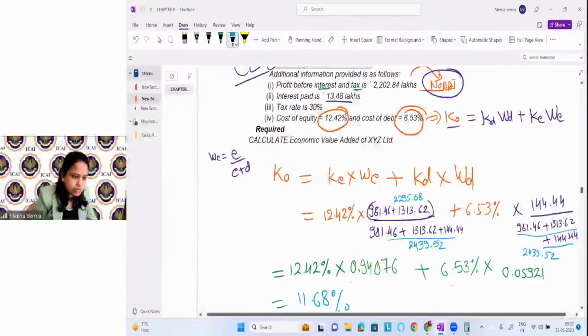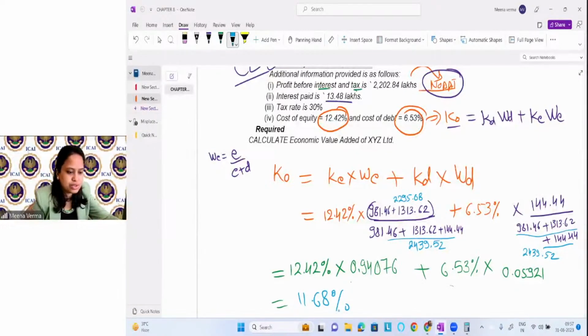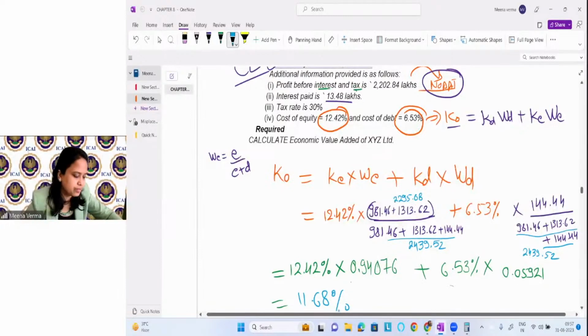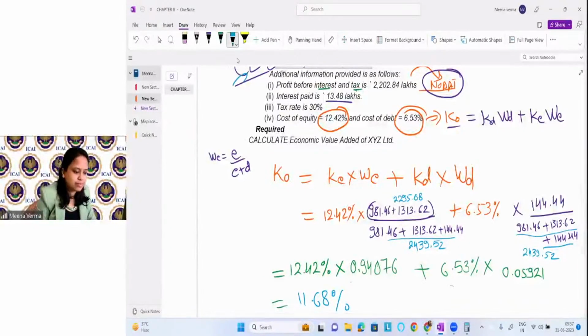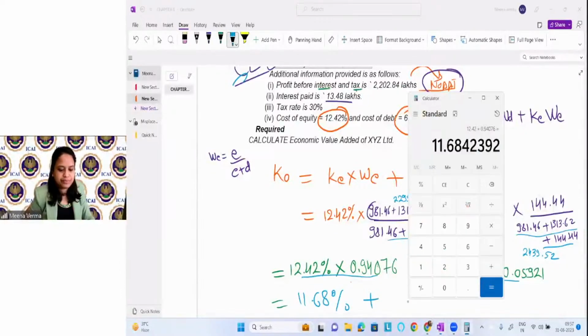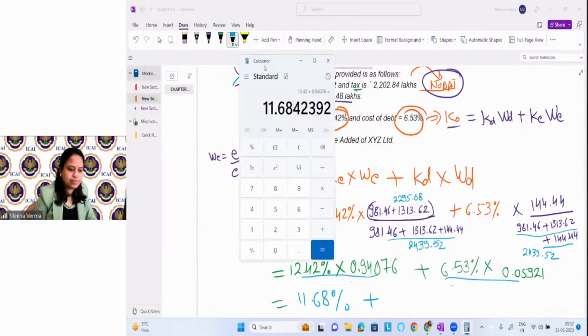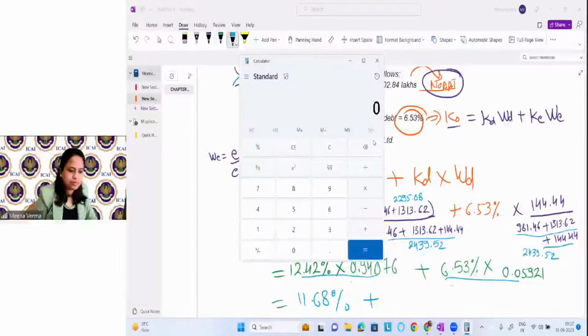Now let's multiply the other two values. What is it? 6.53 into 0.0591.